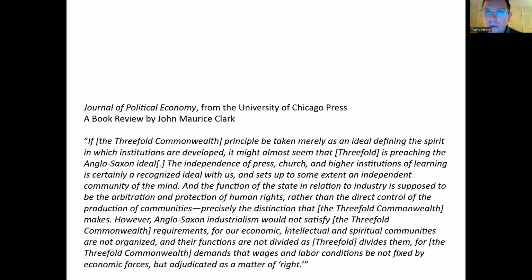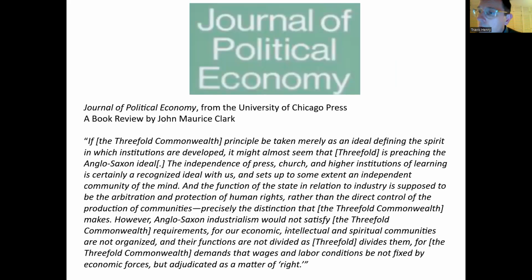We have another quote from the Journal of Political Economy from the University of Chicago Press, also not a fringe journal. It's a peer-reviewed journal. Guidon Gottlieb, the author of the historical homelands idea, after whom our institute is named, was also a University of Chicago faculty, so there are some University of Chicago connections there.